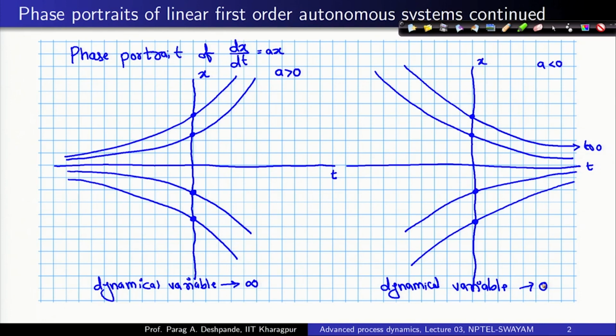Which means that the fate, as time t tends to infinity, is the fate of your system. What is going to happen to your system at longer times?